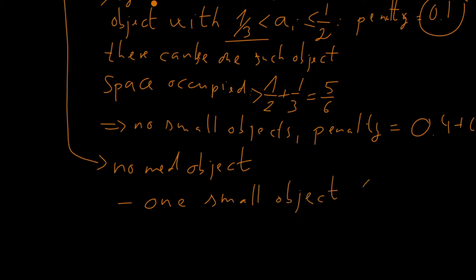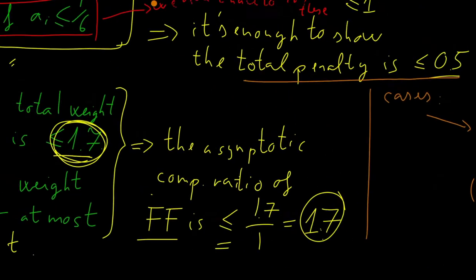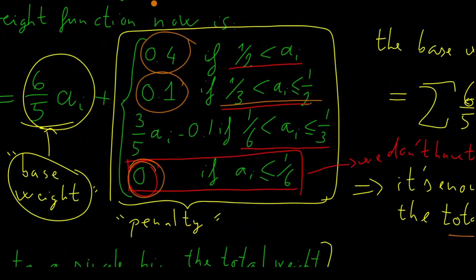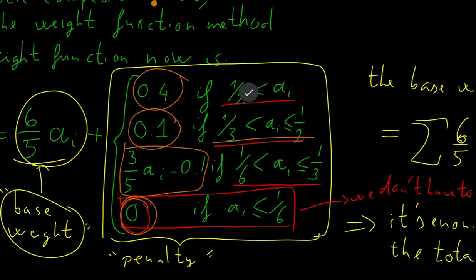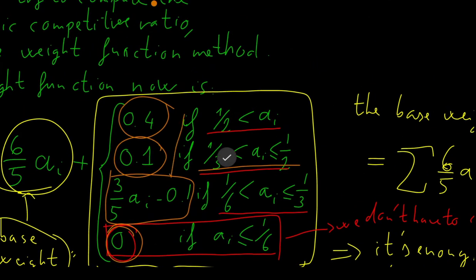Now the small object was between 1/6 and 1/3. Now let's just compute the penalty for these things. So what's this? So what can this be if we have?